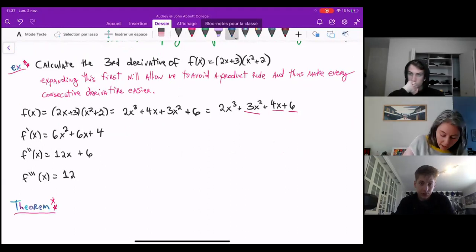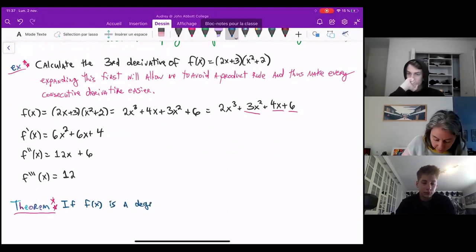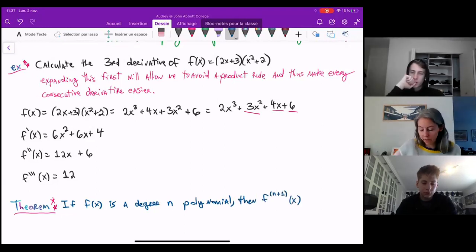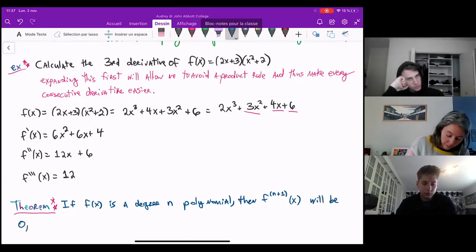So if f of x is a degree n polynomial, then f^(n+1)(x), in other words, the n plus 1th derivative, will be 0.